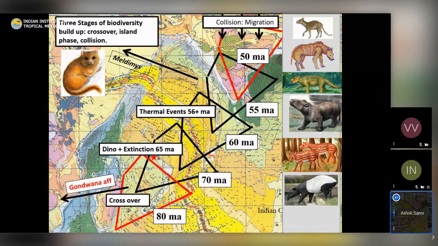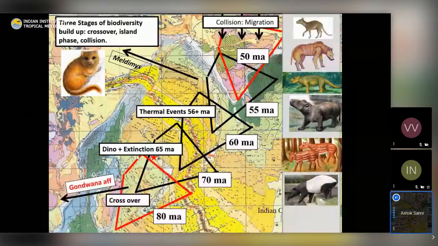So this is Madagascar, this is India, and as India separated, you had a number of features on the sea floor. So we can very accurately map what actually happened when India separated from Madagascar.